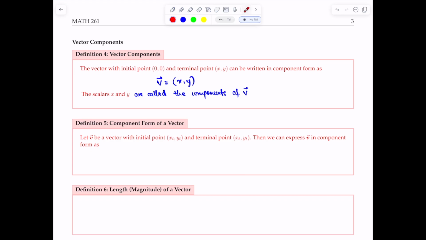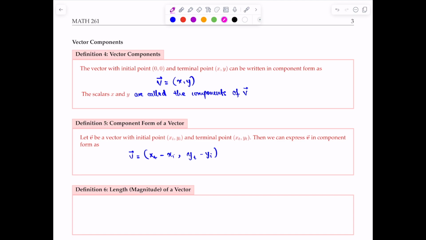So given a vector v with the initial point xi, yi, and the terminal point xt, yt, then we can express v in component form as v equal to x sub t minus xi, and the second component is y sub t minus yi.